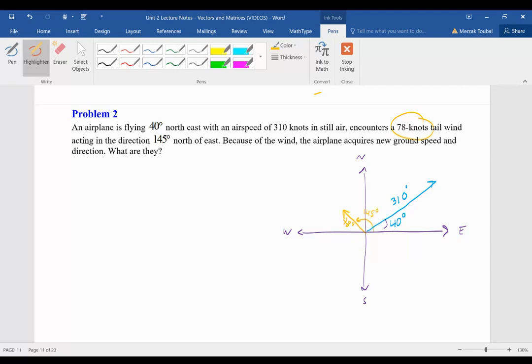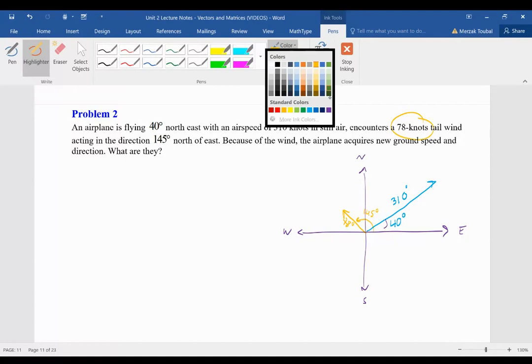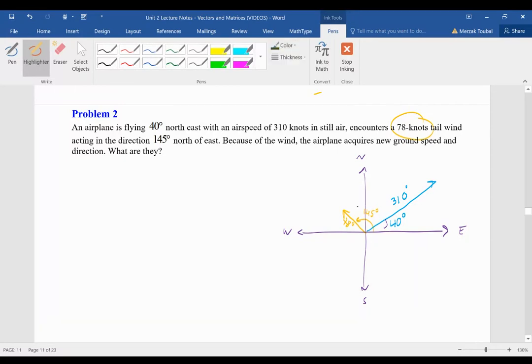So if we add these two vectors geometrically, just to have an idea, we're going to use the parallelogram method. This is the resulting vector. It means this is the new direction of the airplane.